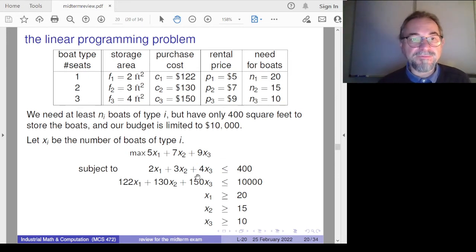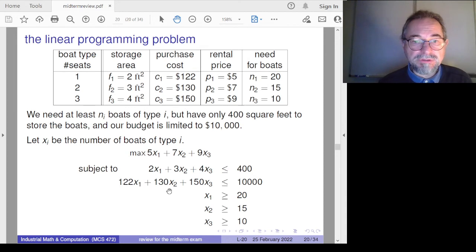We do the same for the cost. We have a limited budget of $10,000, and we have the total amount that is spent on boats of type 1. We multiply this with the cost per boat, the 122. Then we multiply x2 with the respective cost, and also x3 by the 150.